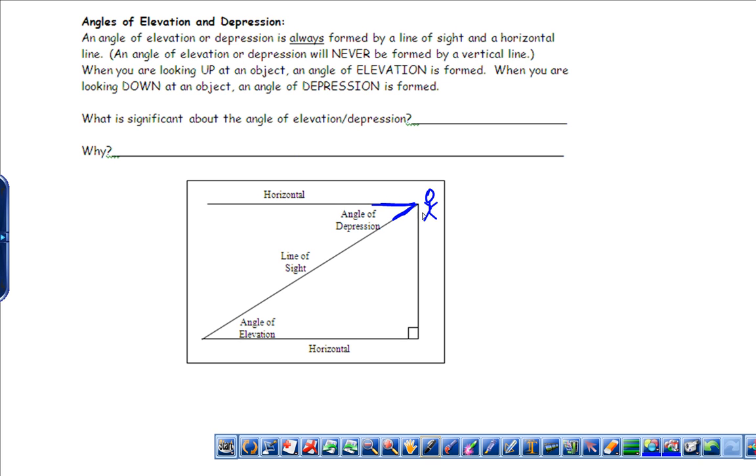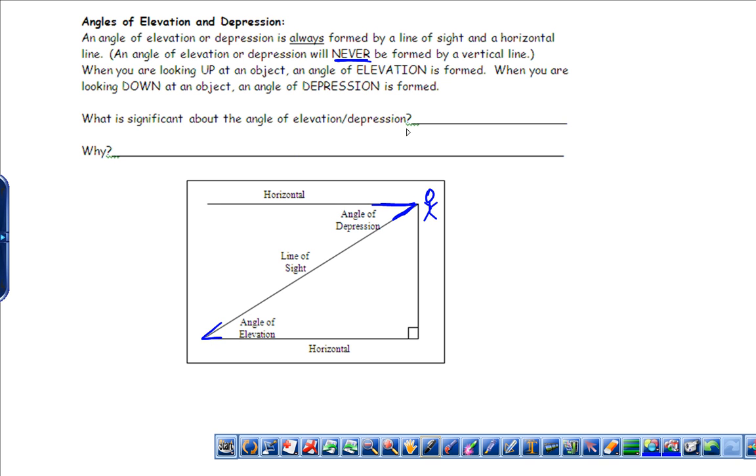So there's your angle of depression or an angle of elevation. An angle of elevation or depression will never be formed by a vertical line. Never. When you are looking up at an object, an angle of elevation is formed. When you are looking down, an angle of depression. So here's your depression because you're looking down, and here's your angle of elevation.